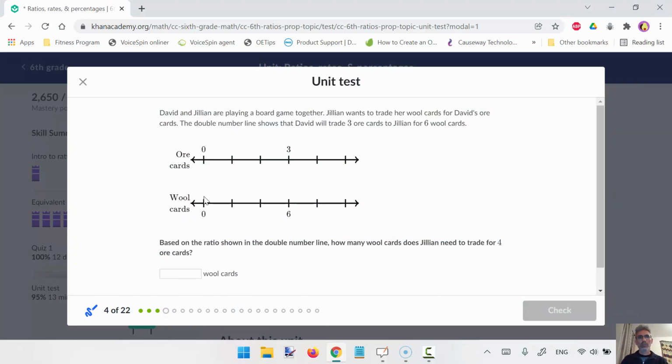Okay. Based on the ratio shown in the double number line, how many wool cards does Jillian need to trade for 4 ore cards?